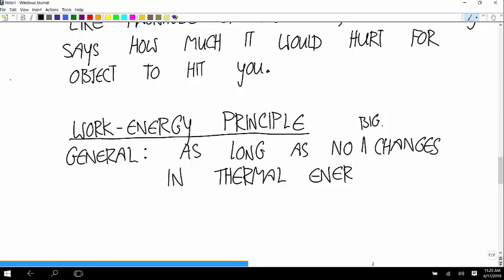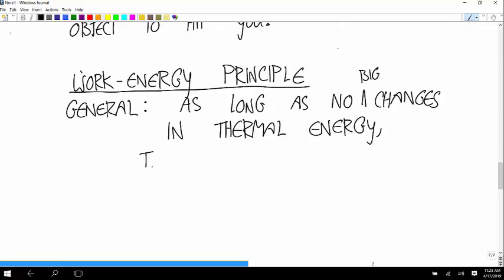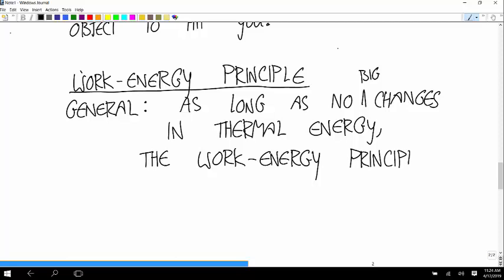There are always some changes in temperature. So in all the kind of problems that we do, you can use the work energy principle. You never have to worry about whether it doesn't apply in this case.